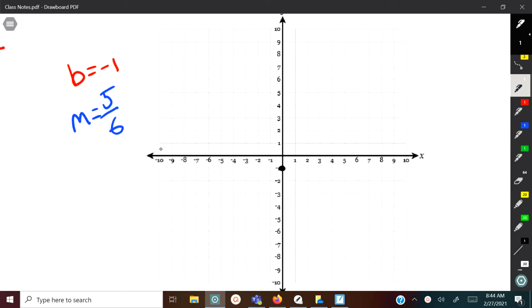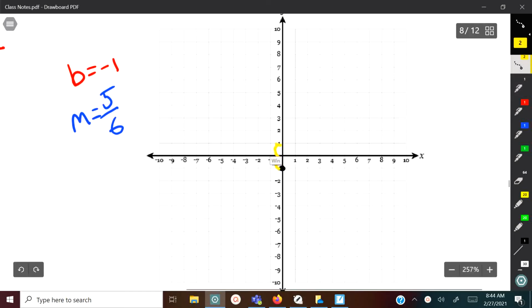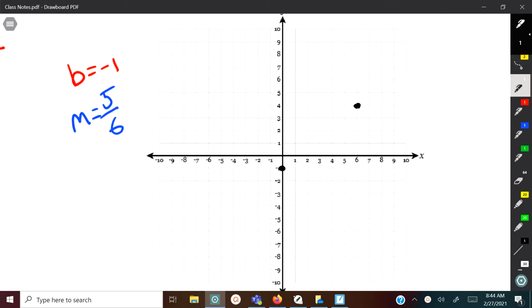And I am going to go up 5 spaces, 1, 2, 3, 4, 5, and then go over 6 spaces, 1, 2, 3, 4, 5, 6. And right here, I'm going to make a point. Alright, and now I'm going to draw my line.